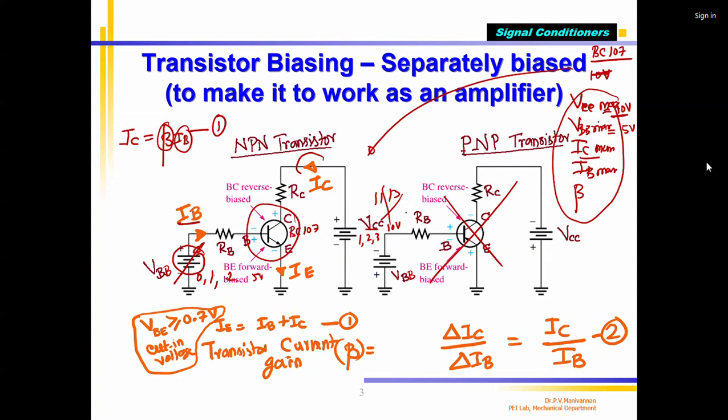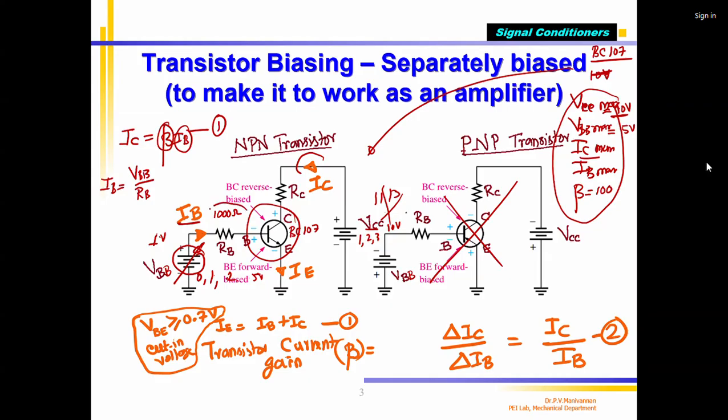For example, BC107 beta equals 100. Now, in the base, this resistance RB, I put equal to 1000 ohms, and I am applying 1 volt in VBB. I said any voltage 0 to 5 volts I can give, VBB can be 5 volts, but for example I am giving 1 volt. What will happen? My IB equals VBB divided by RB.